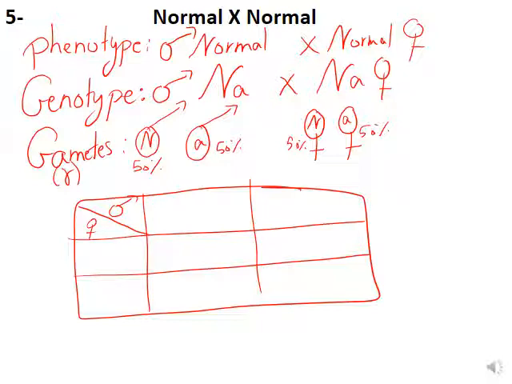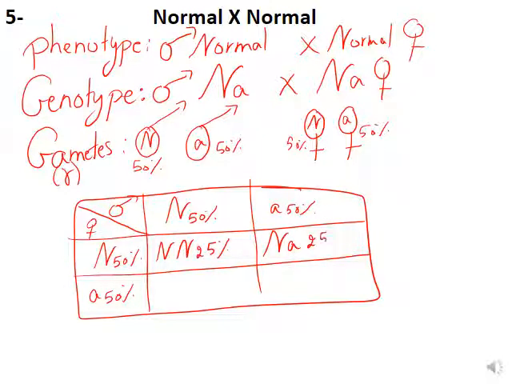Here we have N 50%, A 50%, N 50%, and A 50%. So NN is 25%, NA 25%, NA also 25%, and AA 25%. Here we have NN 25%, which is normal, NA 25%, which is normal, NA also 25%, which is normal, and AA 25%, which is albino.